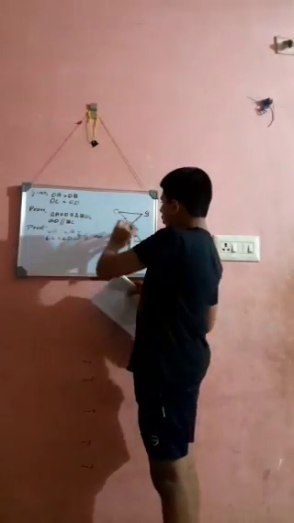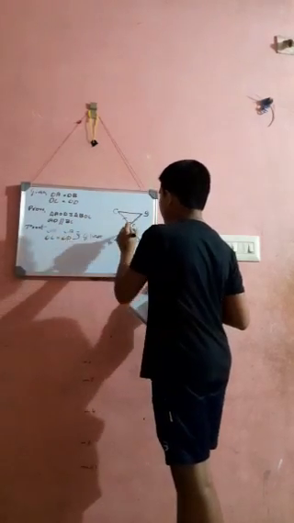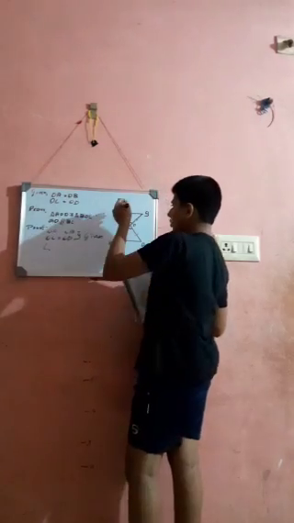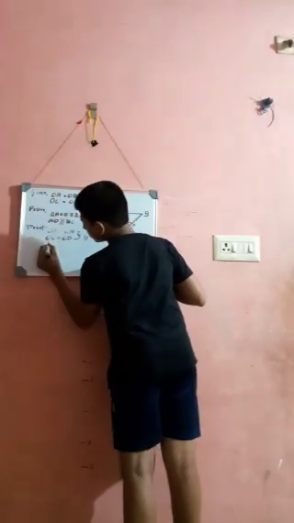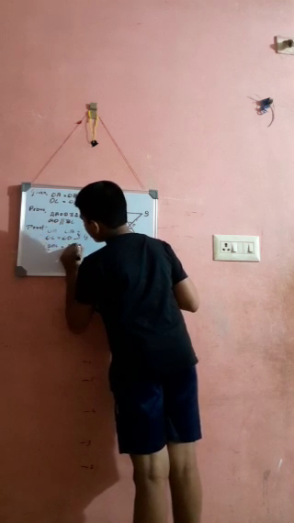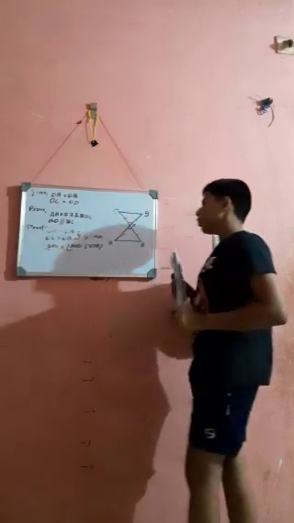And also we know that here we have ticked the angles, here an angle, here an angle. So angle BOC is equal to angle AOD. How? Vertically opposite angles.